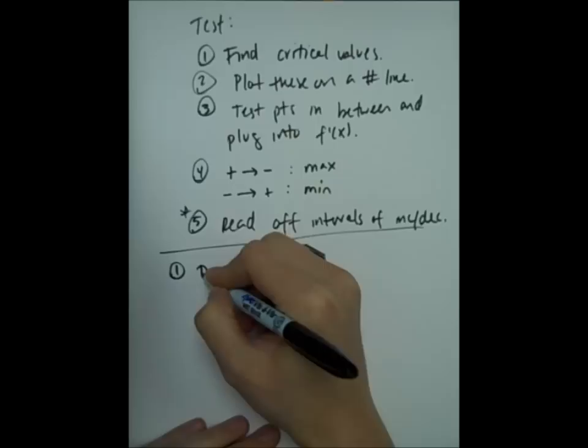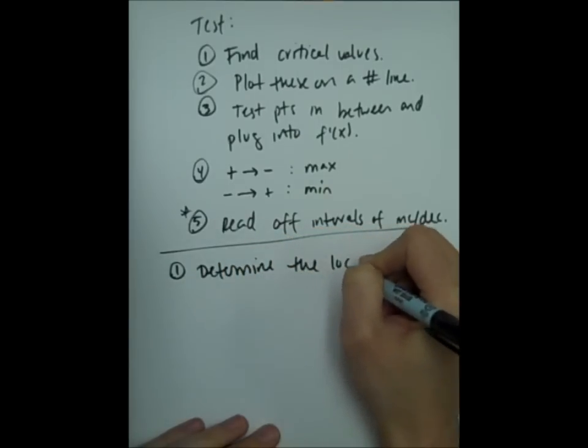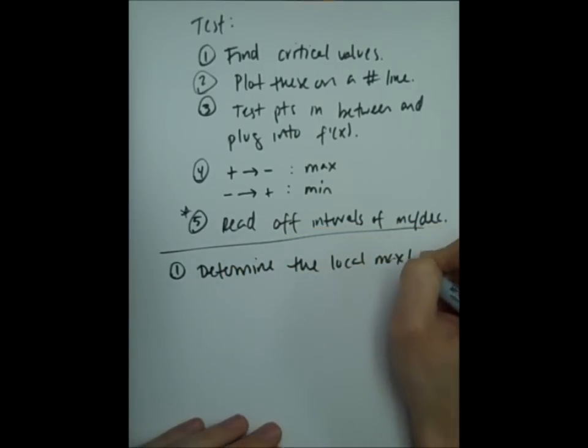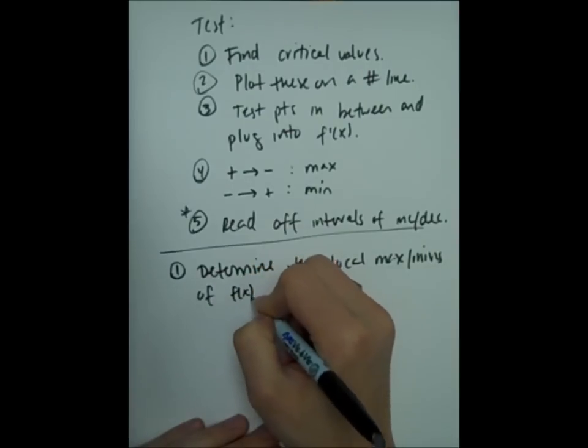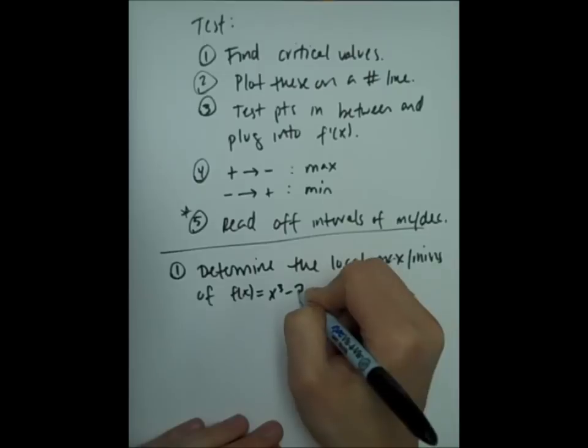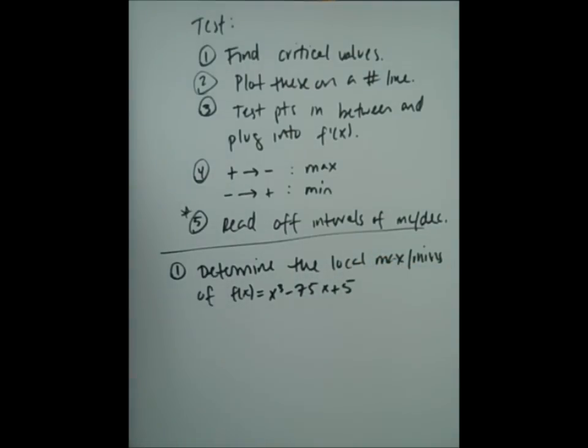Example 1. Let's determine the local maxes and mins of the function x cubed minus 75x plus 5. So we want local maximums and minimums. First thing I'm going to do is calculate the derivative.